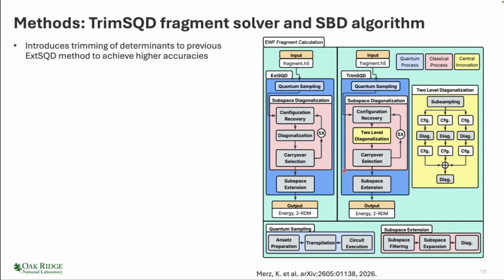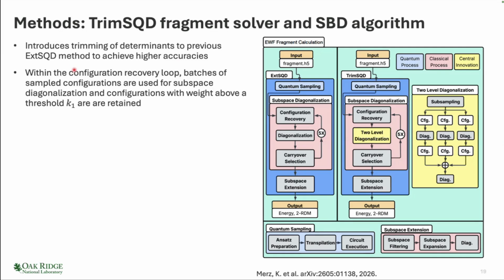So now improving upon the extended SQD, they're now doing a method called trim SQD, which introduces trimming of determinants over the previous extended SQD method to achieve higher accuracies, and that's done with this two-level diagonalization.